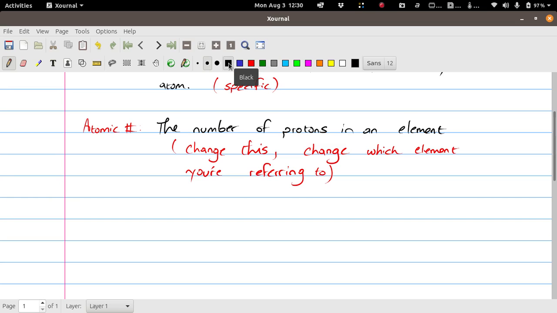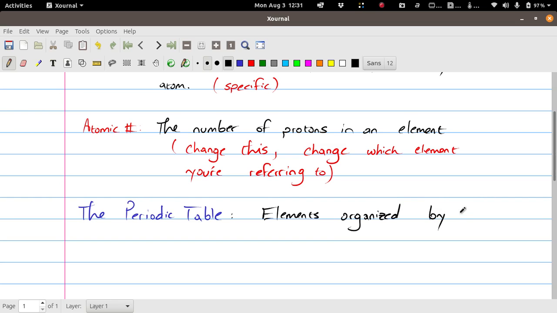So the periodic table. I'm throwing all these buzzwords at you, but the periodic table is organized by increasing atomic number. So elements are organized by increasing atomic number.